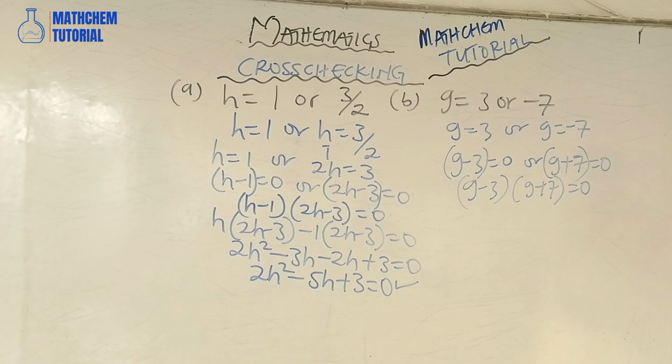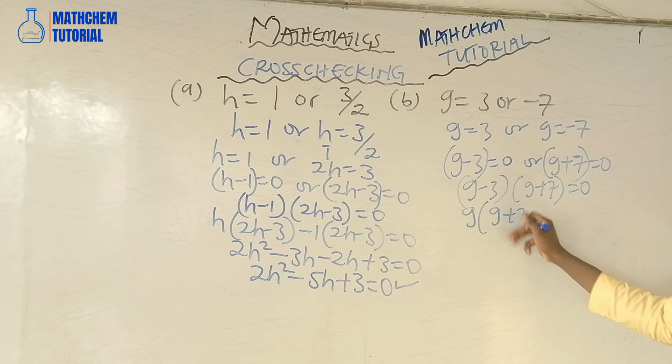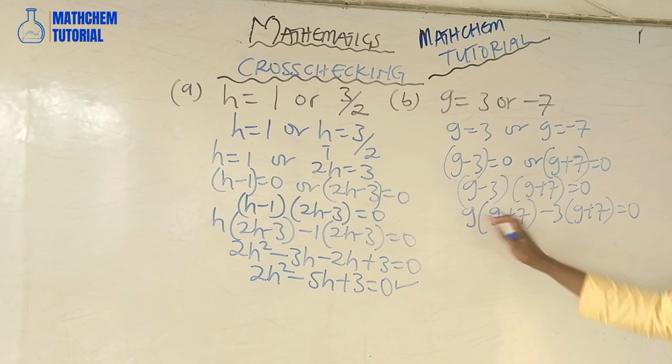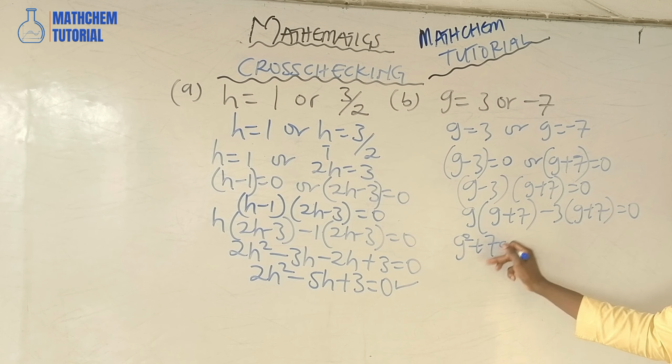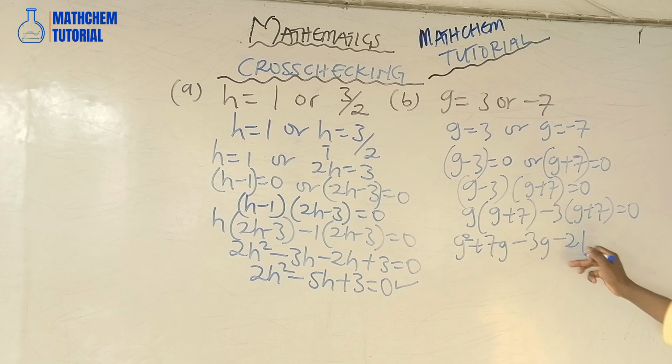Now, multiplying them together is going to be g open bracket g plus 7 close the bracket minus 3 open bracket g plus 7, they are both equals to 0. Now, let's continue. G times g, that is g square. G times 7, that is plus 7g. Minus 3 times g, that is minus 3g. Minus 3 times plus 7, that is minus 21 equals to 0.